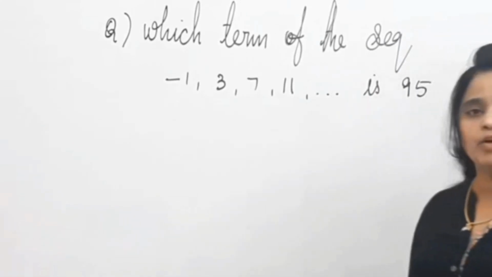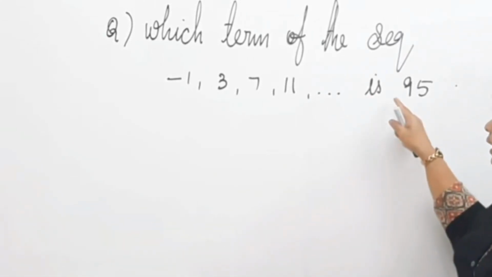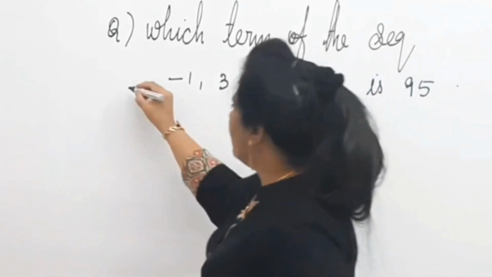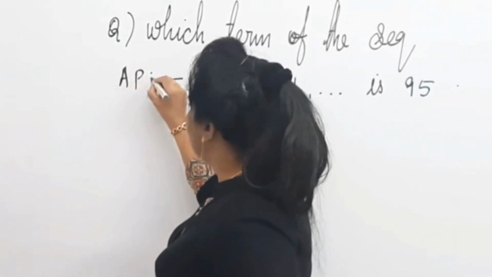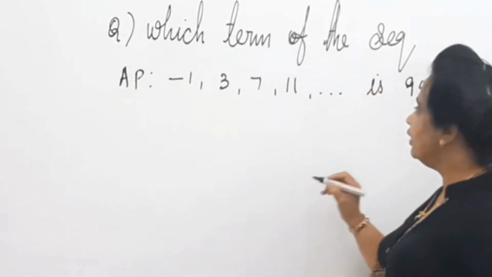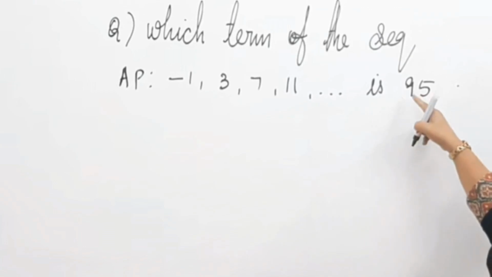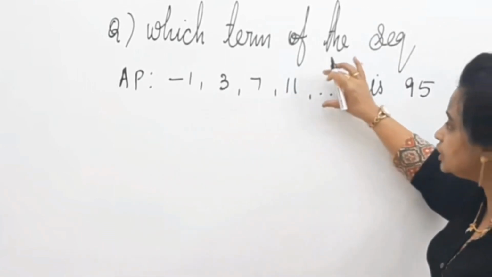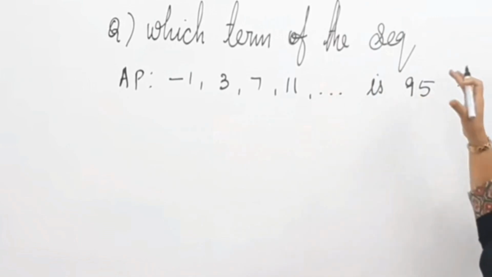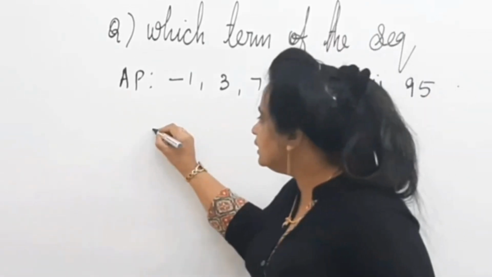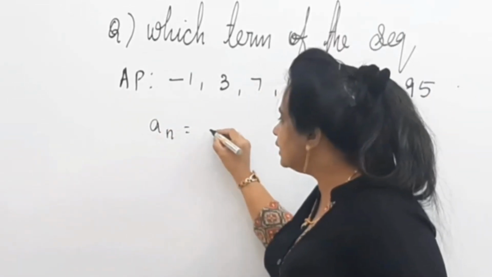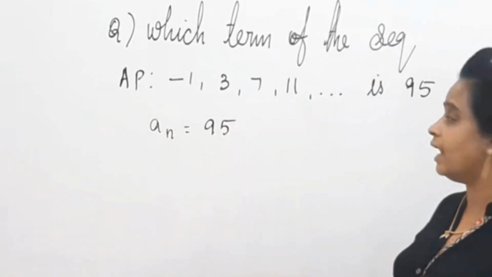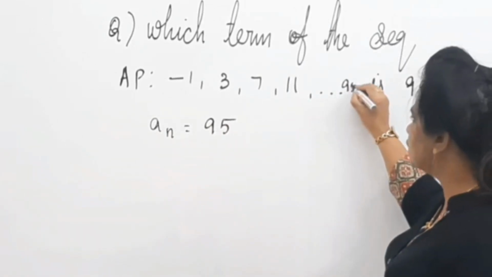Then which term of the sequence is 95? The sequence is given: minus 1, 3, 7, 11. So 95 is not here, but the question is which term this 95 will be. That means I will take this 95 as AN, somewhere 95 should come.